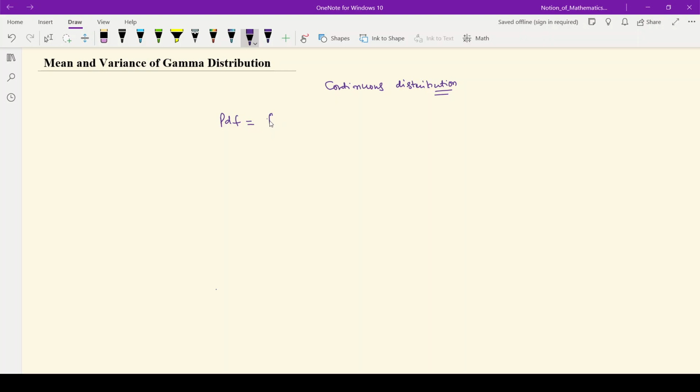It is denoted like f(x; alpha, beta). So what do we mean by these alpha and beta?